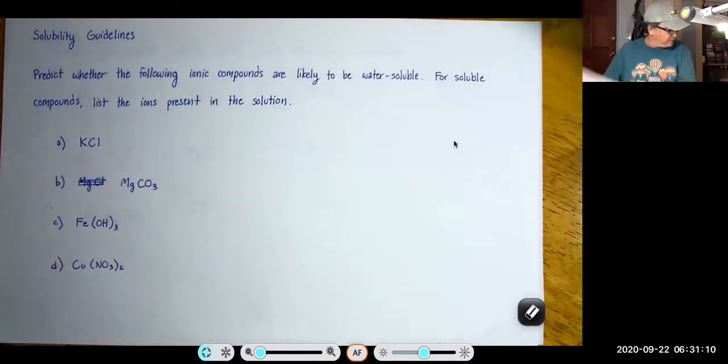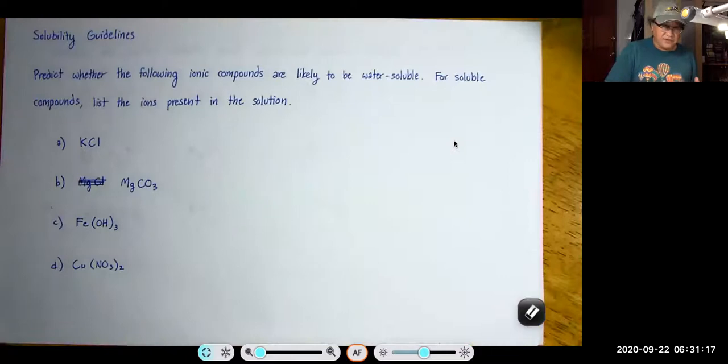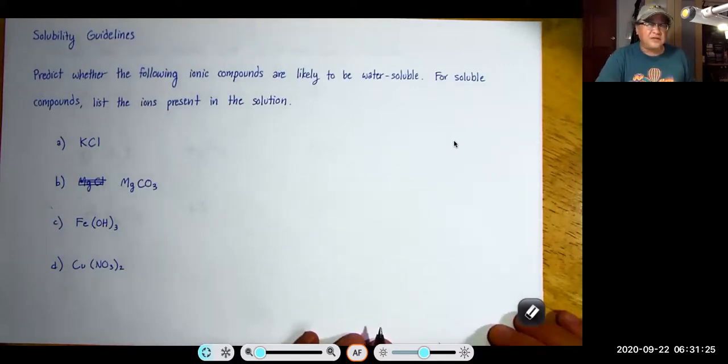So let's try and apply these solubility guidelines. And you might want to be looking in your book when we're doing this at first, but eventually you want to try to know these pretty well for the exam when you take exam 2. Or you might consider putting this on your note card for exam 2, but being able to use the guidelines very quickly, not having to think about them.